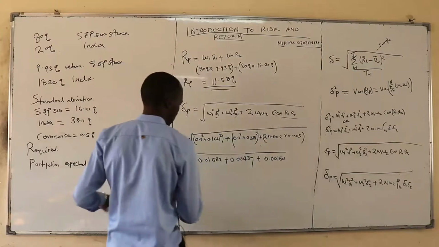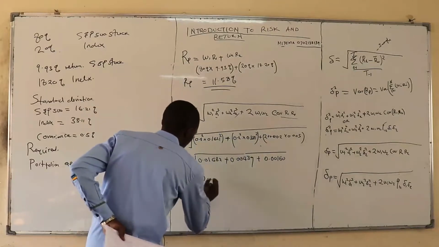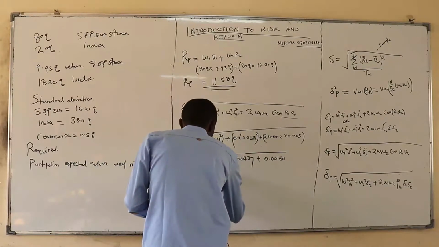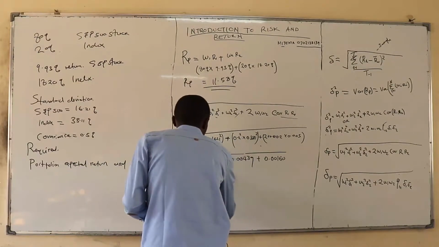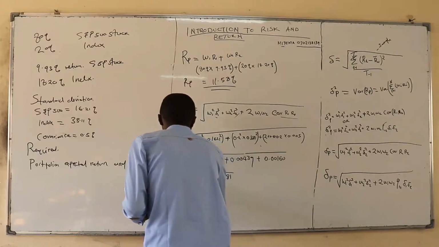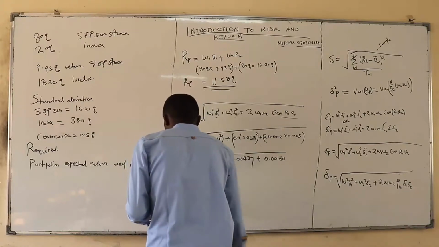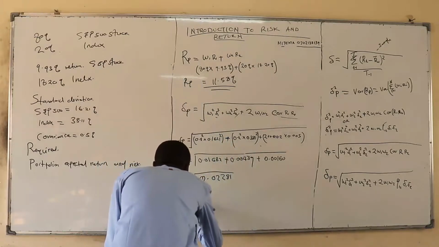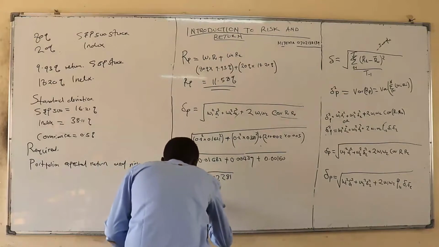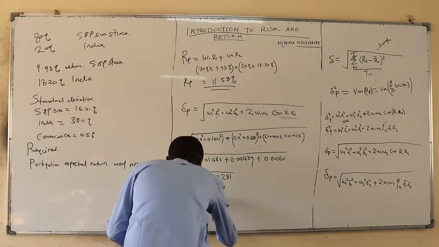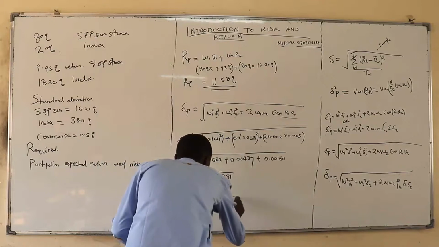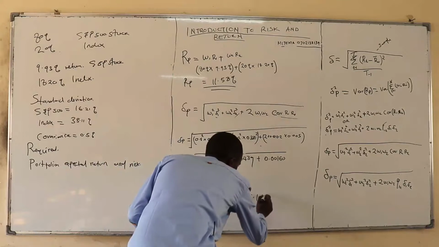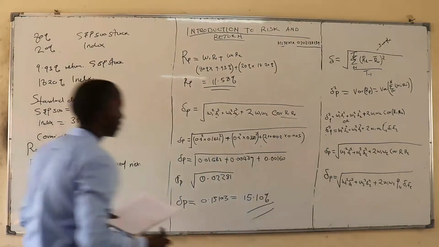You add the components, and you find that is 0.02281. Find the square root so that you can find the standard deviation, and the standard deviation will be equivalent to 0.15103, which is equivalent to 15.10%.